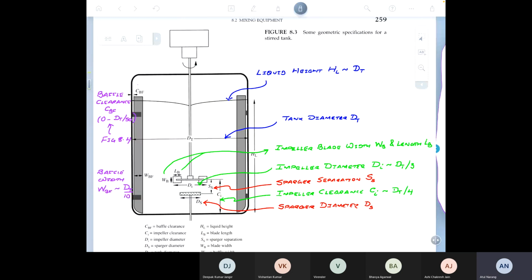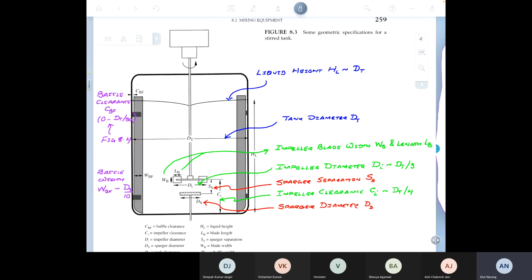And then another property of the impeller is its clearance, which is to say the distance between the impeller and the bottom. Another name you will see is off-bottom clearance. This should be called that really because it's the clearance from the bottom, and this is on the order of dt over 4.